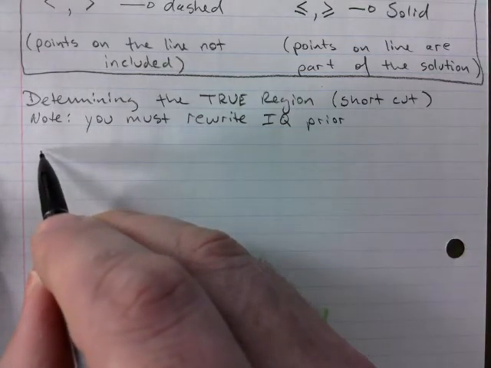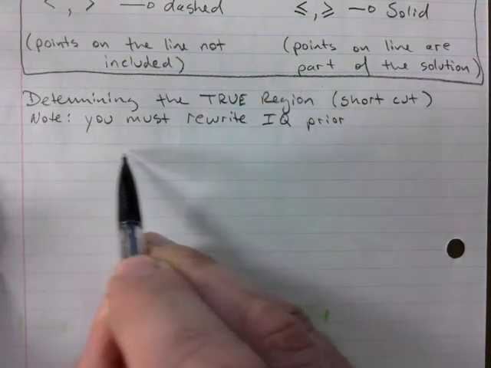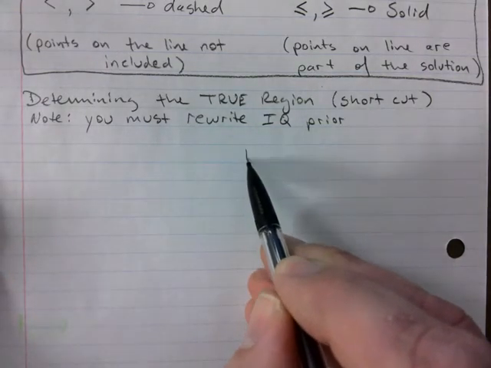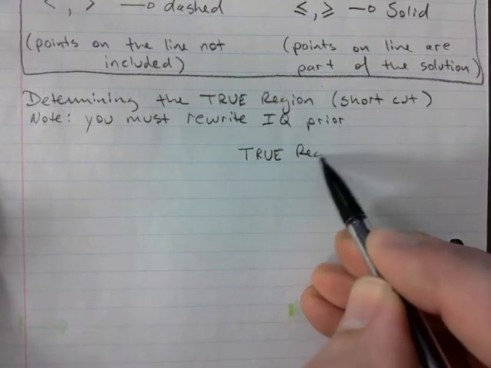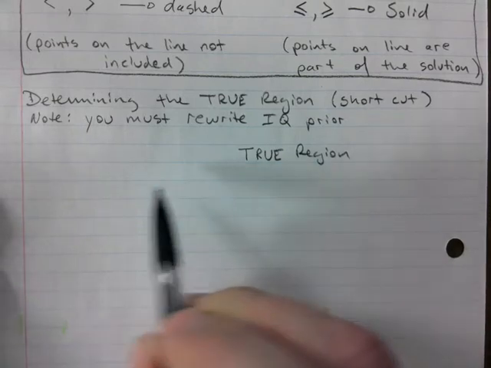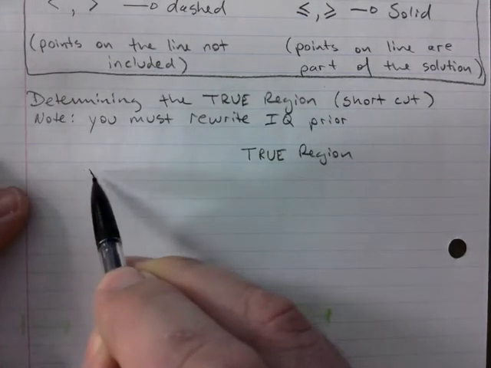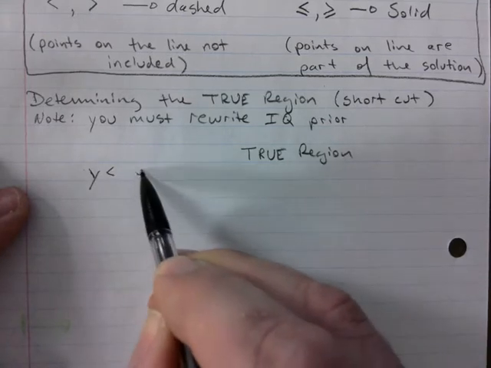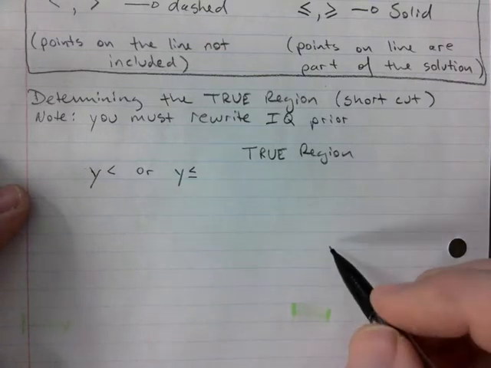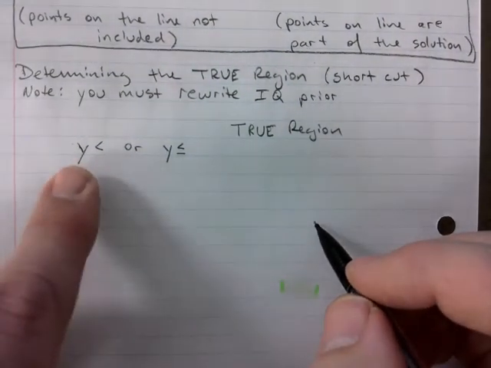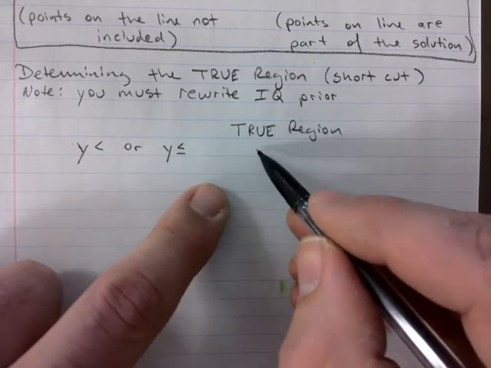So watch this. If you leave one line blank and just put over here, true region, and then I'm going to have a bunch of scenarios. So if you had y is less than or y is less than or equal to, it's going to be a little bit of a table, right? This or that. If you end up with this or that, the true region is below the line.